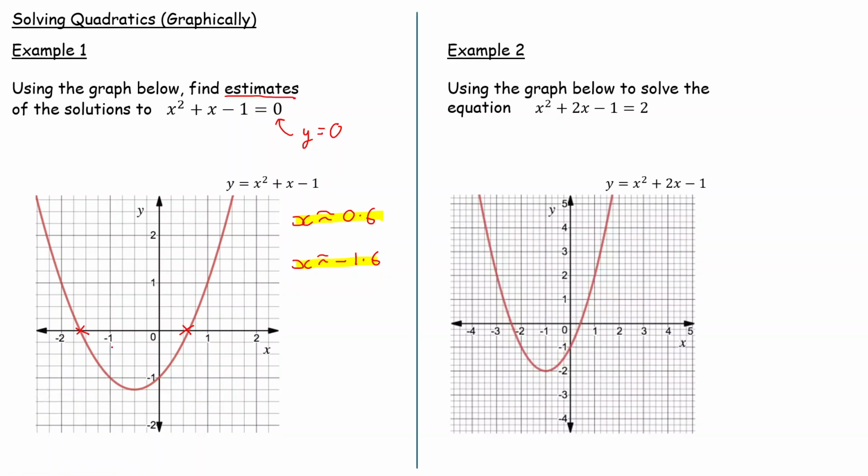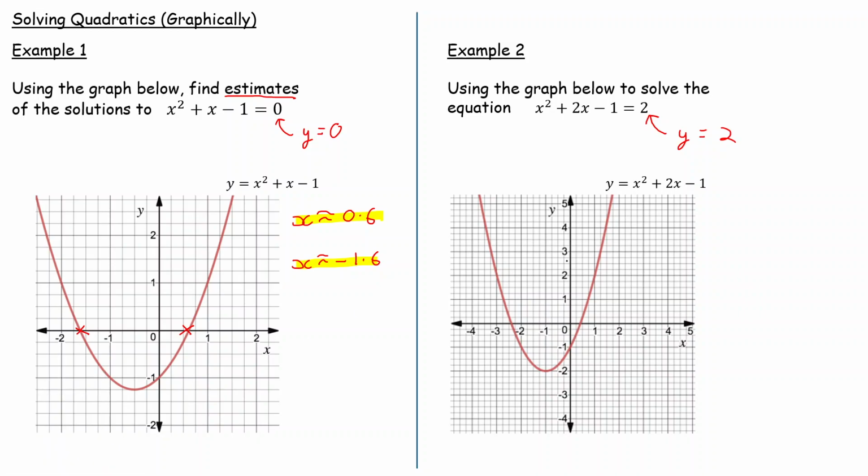Okay, example 2. Using the graph below, this one's a little bit different, because this time your quadratic, which if we put it equal to y, we get this red quadratic here, is not equal to 0, it is equal to 2. That is really saying, where does that quadratic cut through the line y is equal to 2.